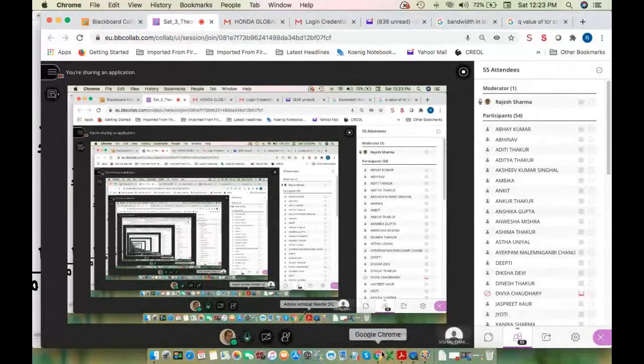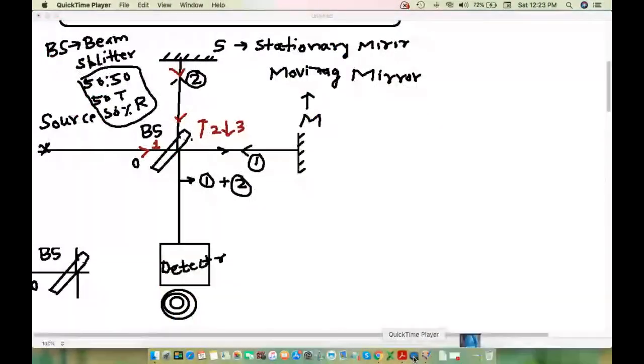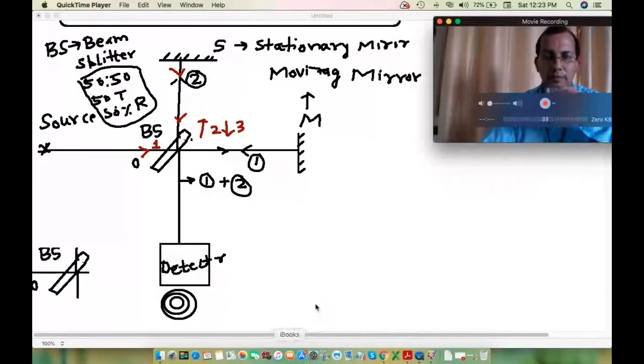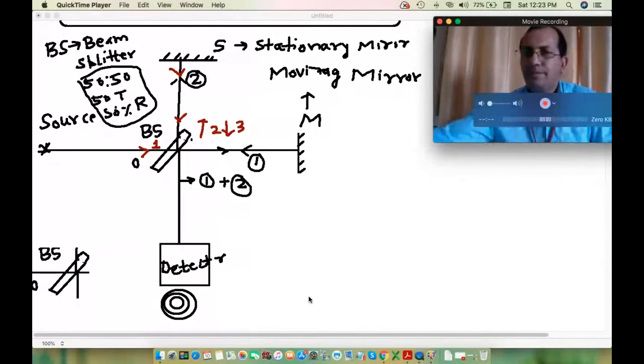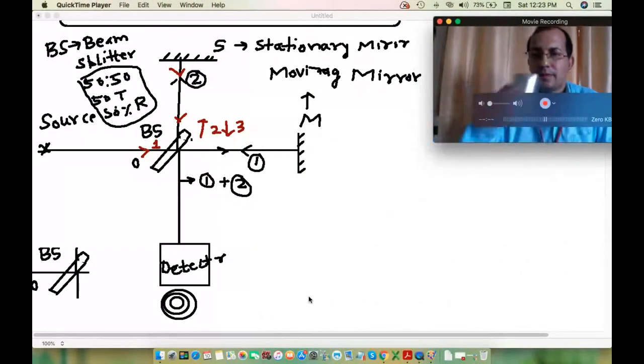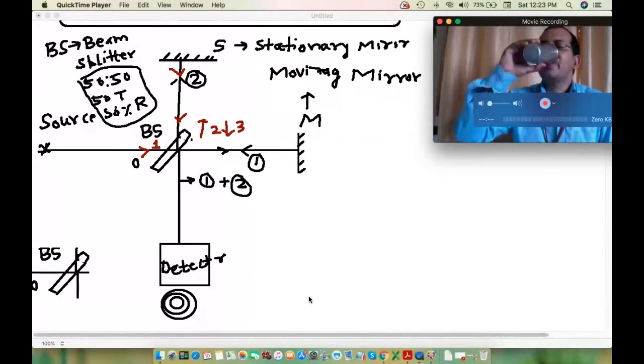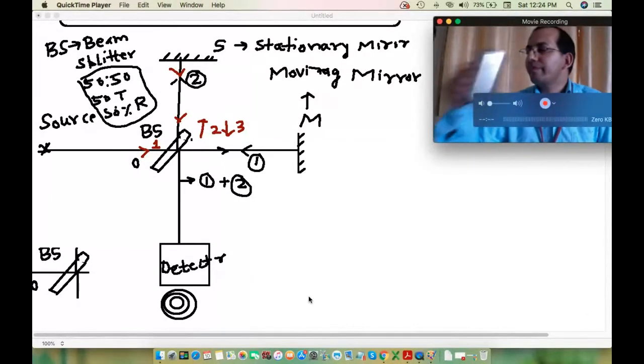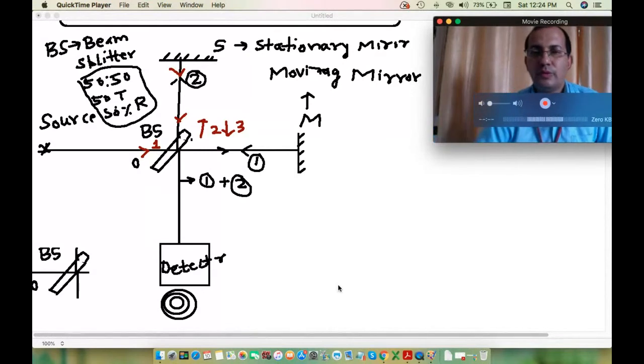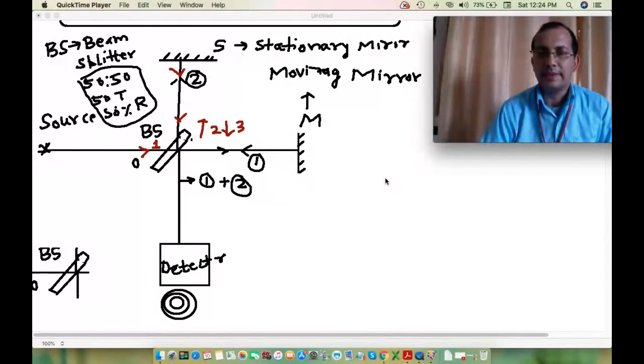We would like to come back to our discussion. First of all, we have understood the meaning of this Michelson interferometer and how it works.